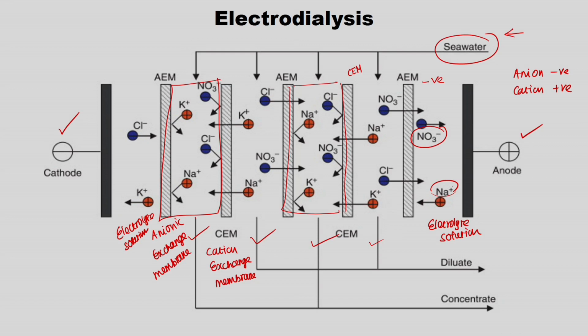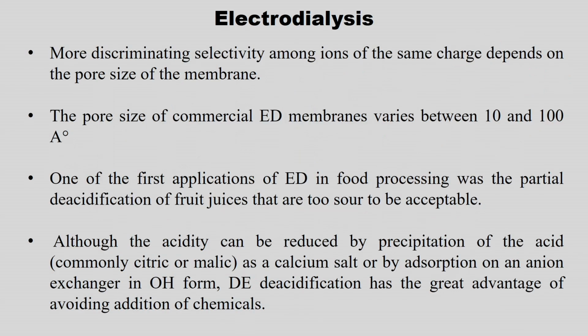Also remember, your product is not in touch with the electrode because that is taken care of by the electrode solution. Wherever the concentrate is concentrated, we collect the concentrate which is nothing but salt particles, organic salts, and wherever the salts are removed, that is nothing but the diluate. If you want pure water, the diluate is your pure water.